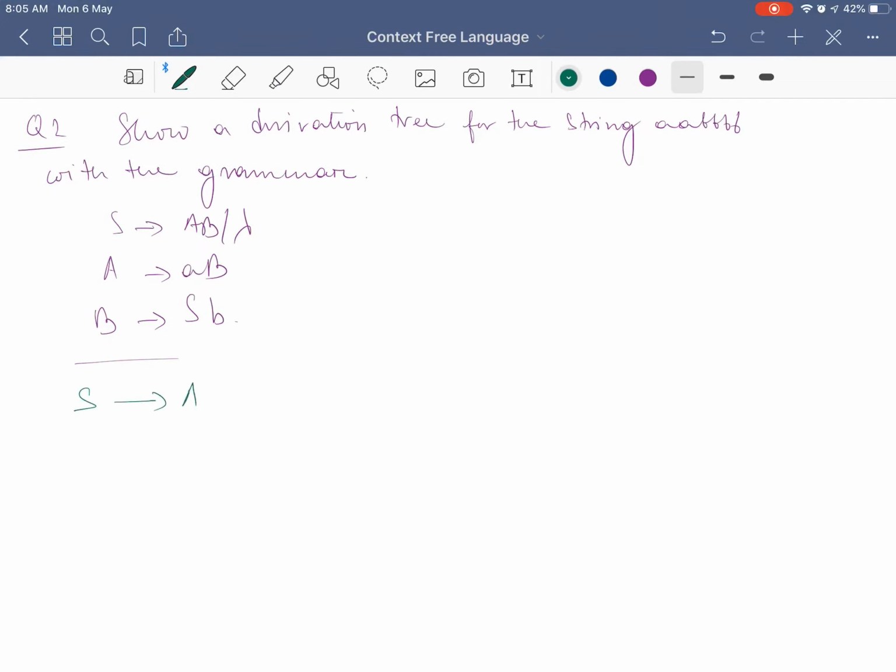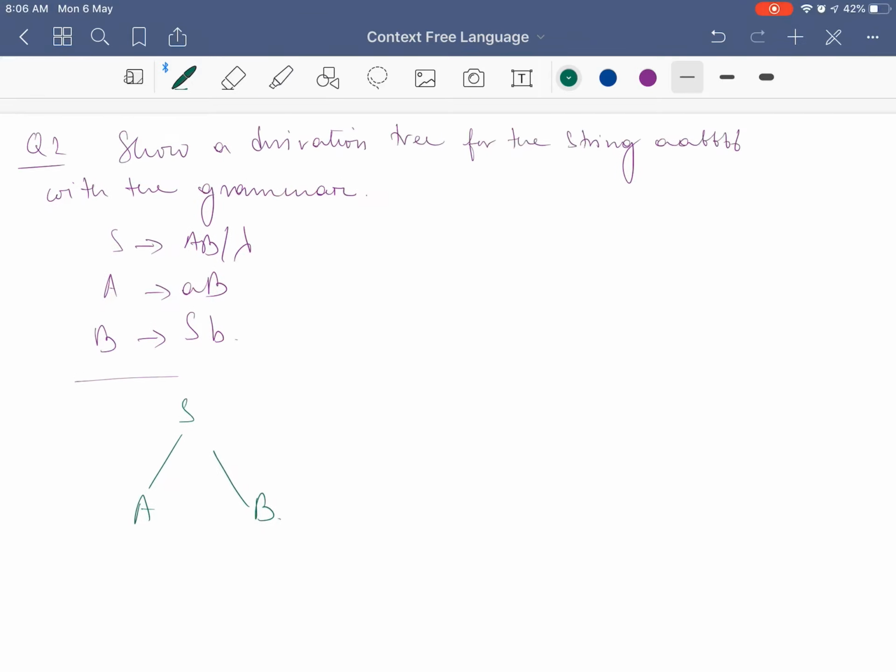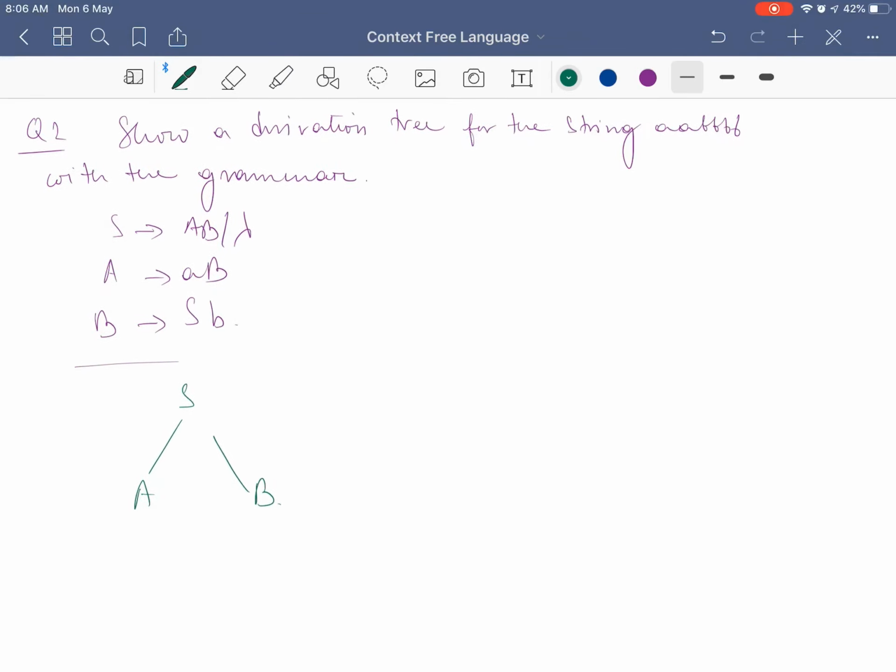Now S to AB. Oh, I have to use a derivation tree, right? Sorry for that. S to AB. My motto is to find out aabbb.